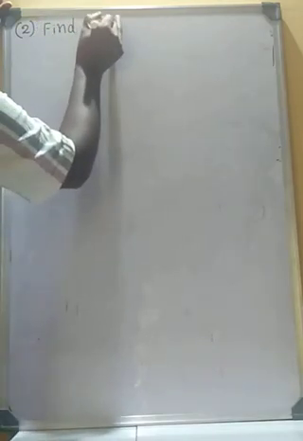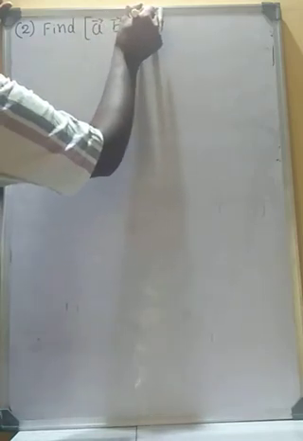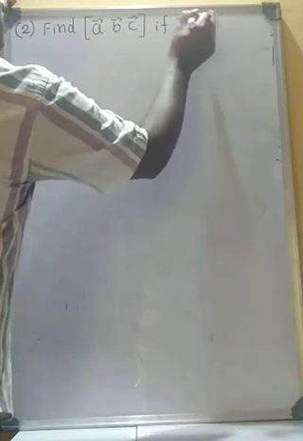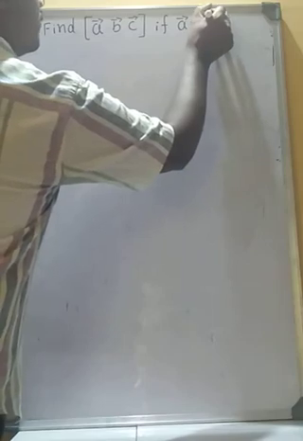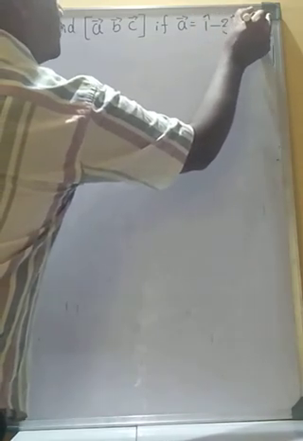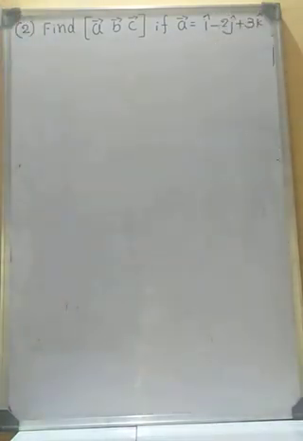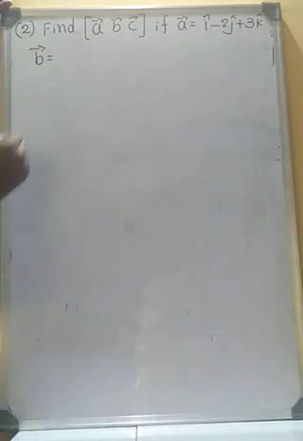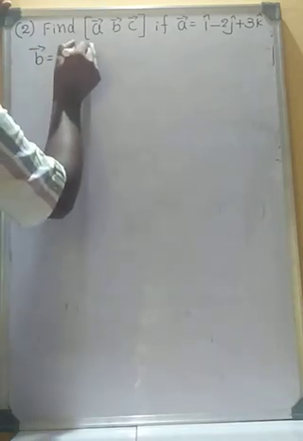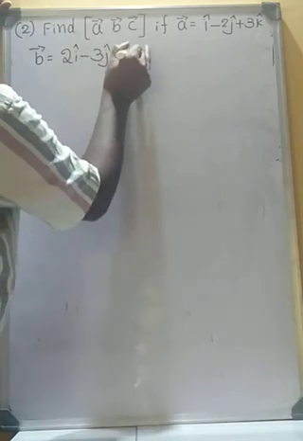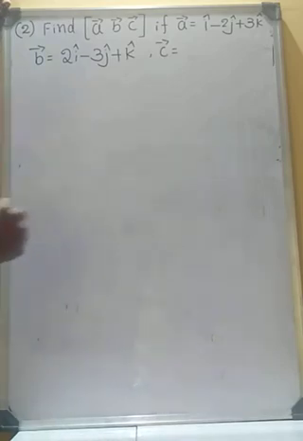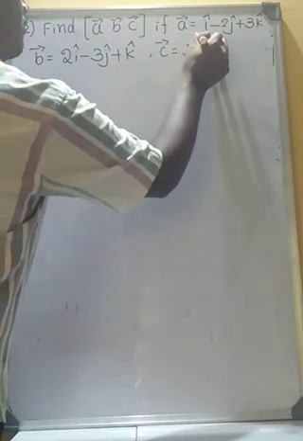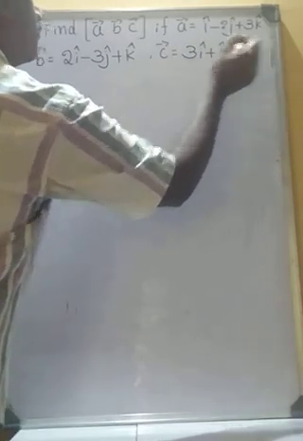So one more example: find the box product of vectors A, B and C, if vector A equals i minus 2j plus 3k, vector B equals 2i minus 3j plus k, and vector C is equal to 3i plus j minus 2k.